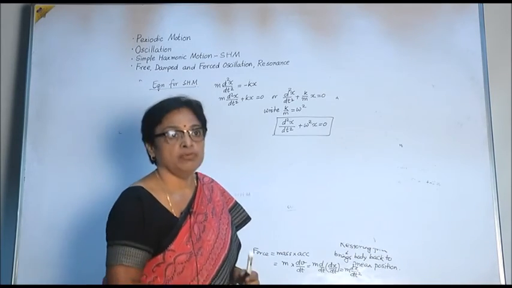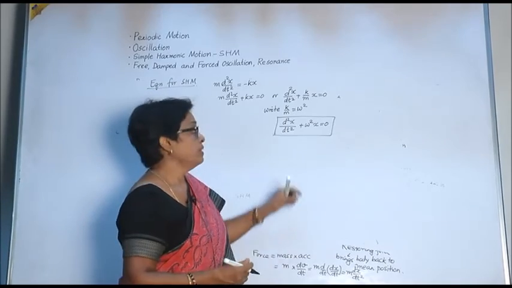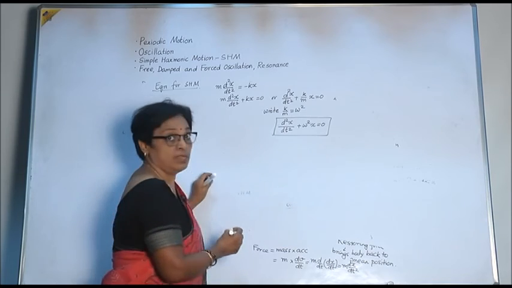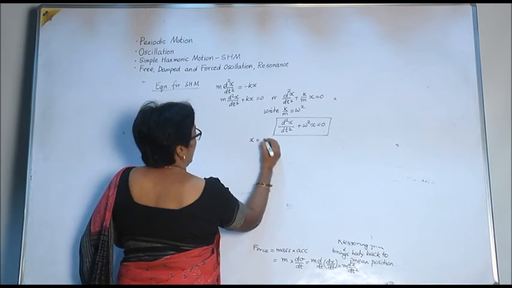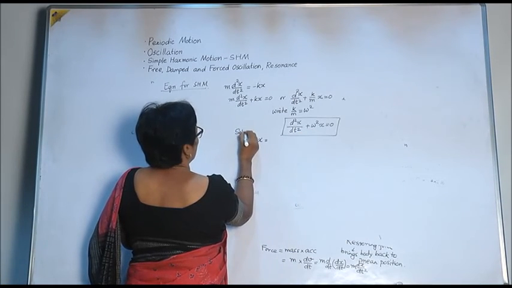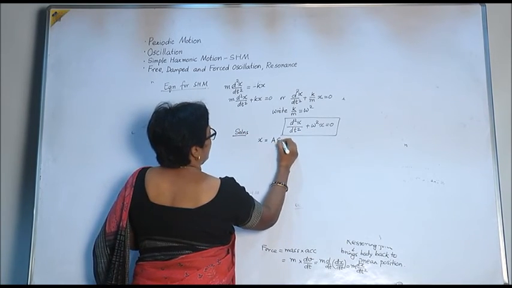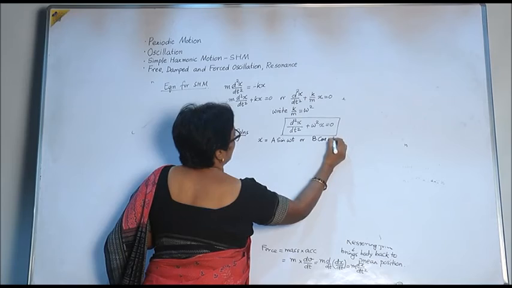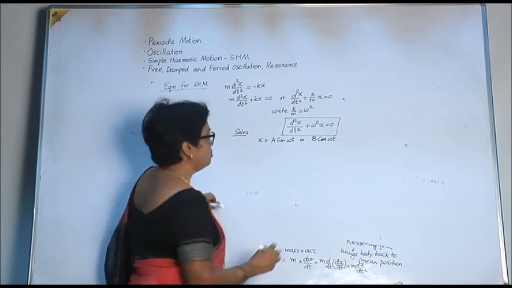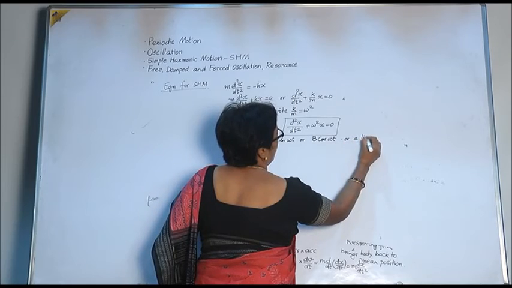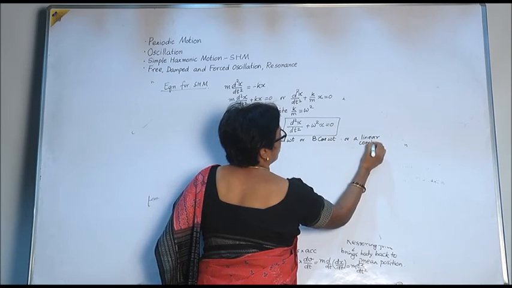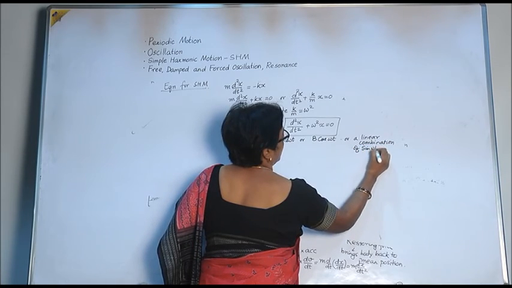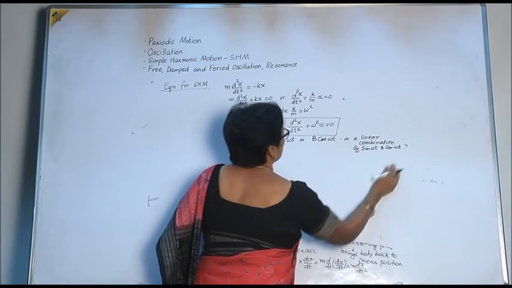Now, if you read differential equations, which function will satisfy this equation? We found that our solution is some constant times sin omega t, or some constant times cos omega t, or a linear combination of sin omega t and cos omega t, as I have told.